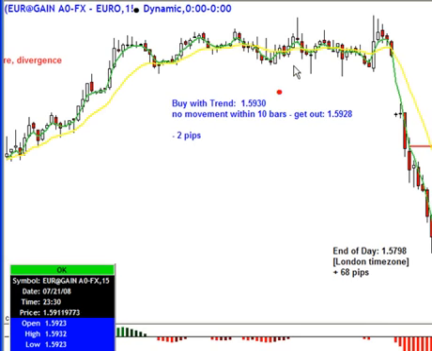The next dot that I recorded here is a buy with trend, and the same situation. Since we're in a sideways channel, this trade didn't go anywhere, and within 10 bars we would have taken a graceful exit, and that graceful exit netted -2 pips.